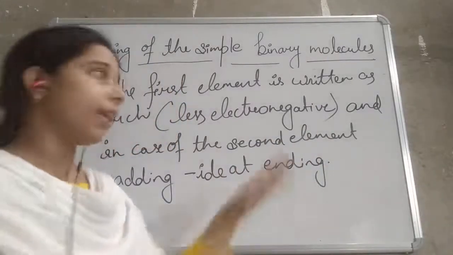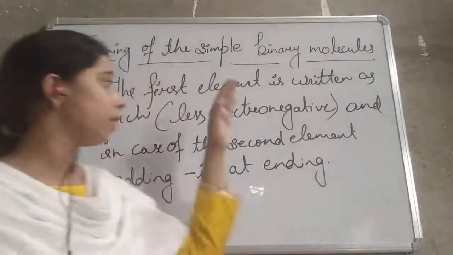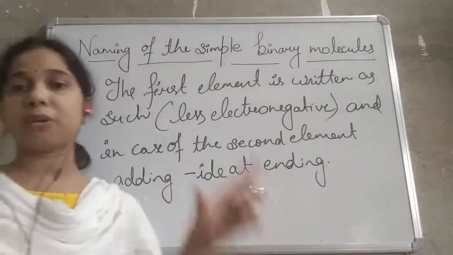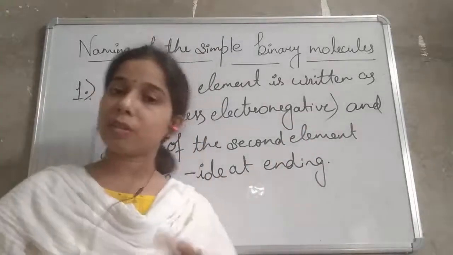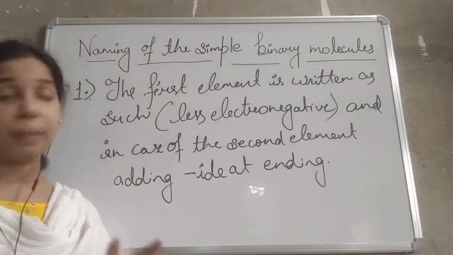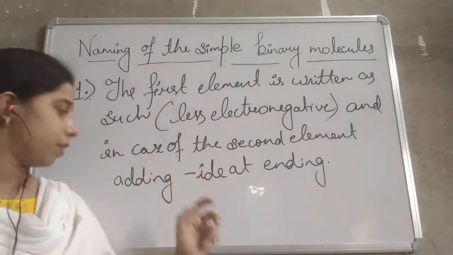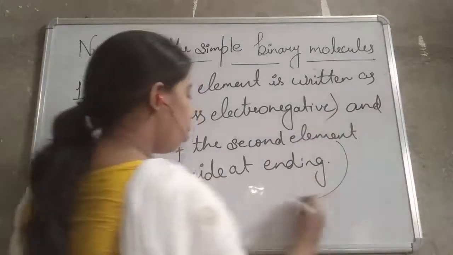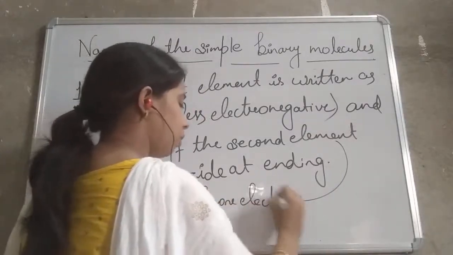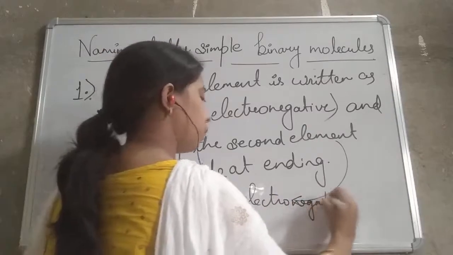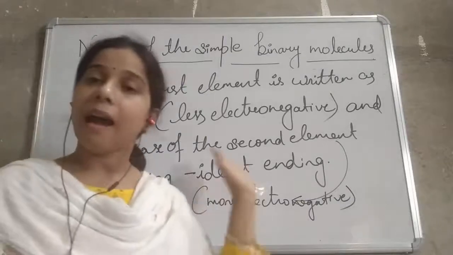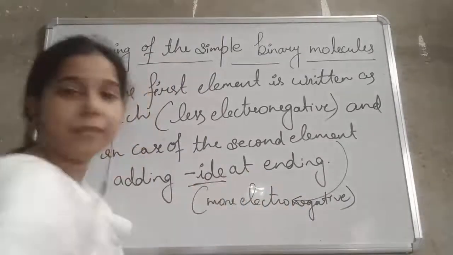So for the name, the first element of the compound we write as such, without any change in its name. But the second element, which is more electronegative, we add "ide" at the ending.